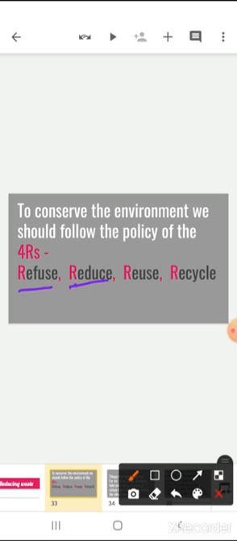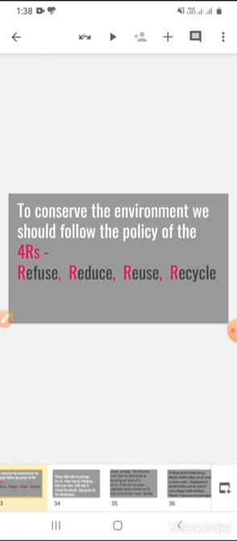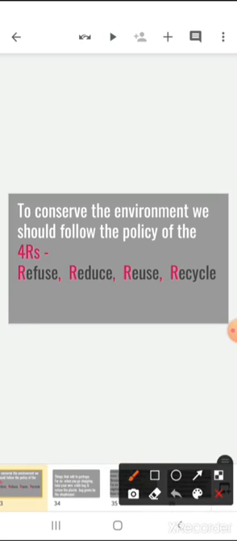Reduce means we have to reduce the use of those things which create garbage, like we have to carry our own bags. Reuse. We have to reuse those things which can easily be reused, like plastic bottles, empty bottles, old newspapers.